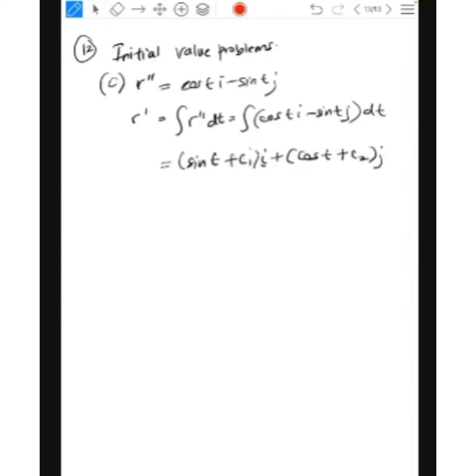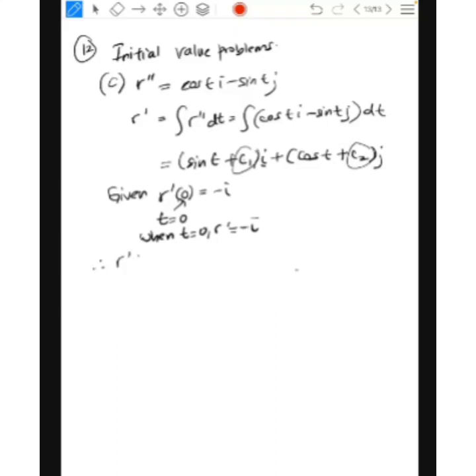Now we are going to find the value of C1 and C2. How? Refer back to your question. Given R prime 0 equals negative i, R prime 0, what's 0? 0 is t. When t equals 0, R prime equals negative i. So we substitute t equals 0 into this equation and equate it to negative i.